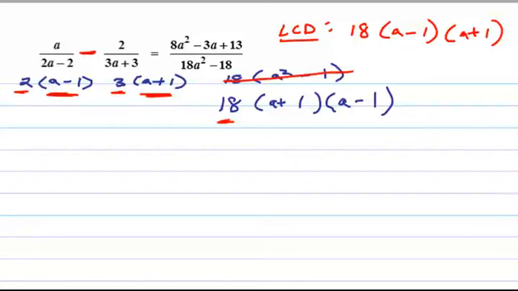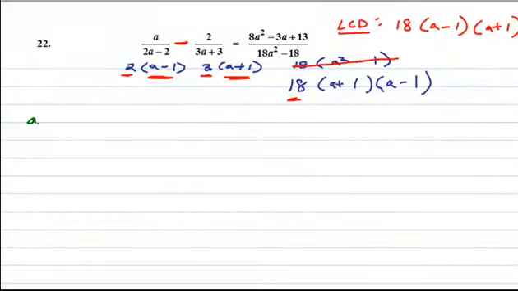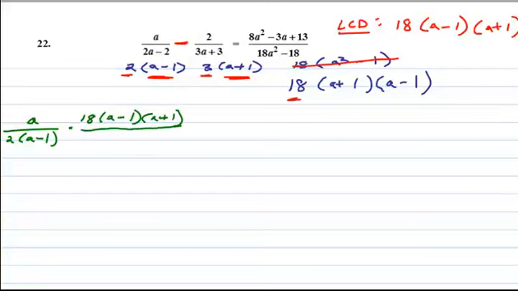Now we're ready to multiply every term by the LCD. And this one's going to get big, so I'm going to try to write a little smaller. So we have a over 2 times a minus 1. Notice I used the factored form of the denominator. Now we're going to multiply by the LCD. I'm going to put it over 1 since I'm multiplying by a fraction.